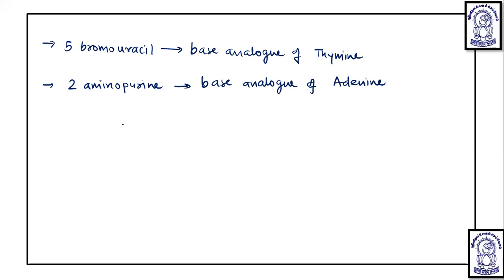So if it is a base analog of adenine, it can pair with thymine. Why? Because it is a base analog of adenine, and adenine pairs with thymine. But it can also pair with cytosine.